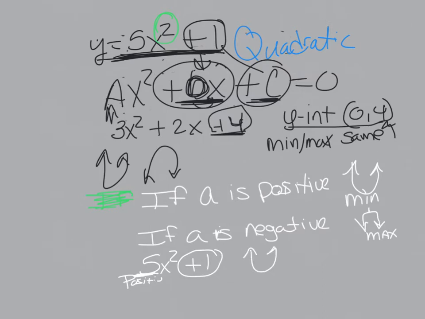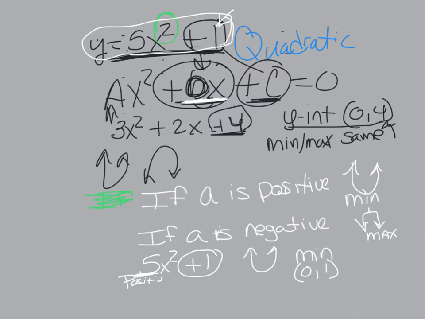So I'm going to have a minimum, and it is the same as my y-intercept. Okay, so today we're only going to look at a quadratic without the middle x, all right? Because it's easy to identify. Later on we'll look at it with the middle x.